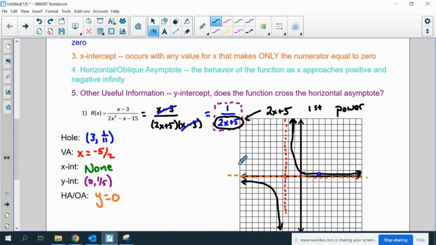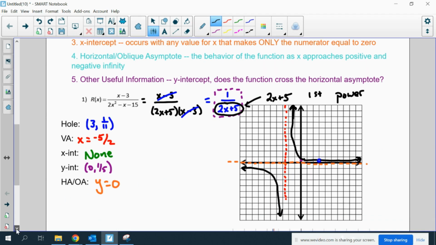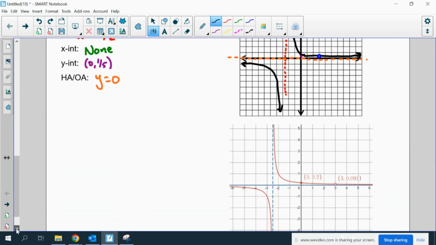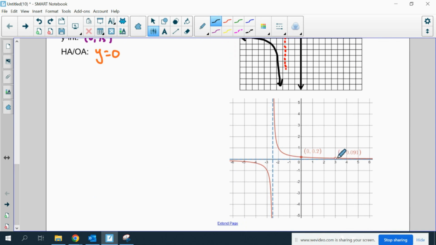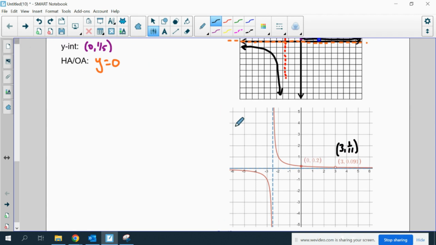Since there is no x-intercept, it never crosses the x-axis, and this is what our graph would look like. If we take a look at what Desmos graphed, we have a very similar situation: (3, 1/11), (0, 1/5), and then this vertical asymptote at -2.5.